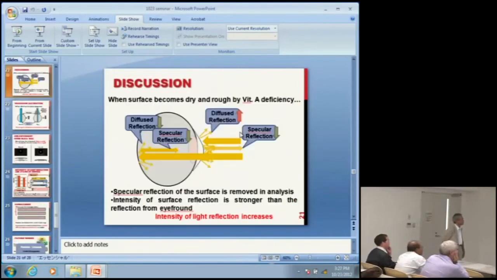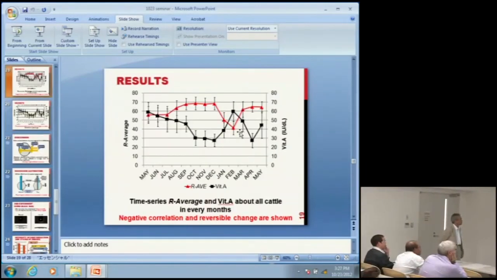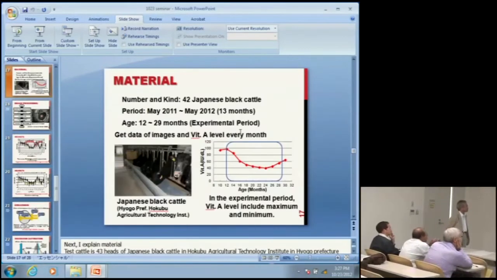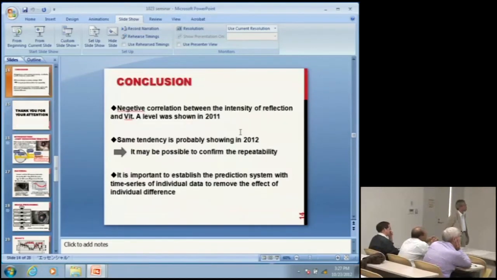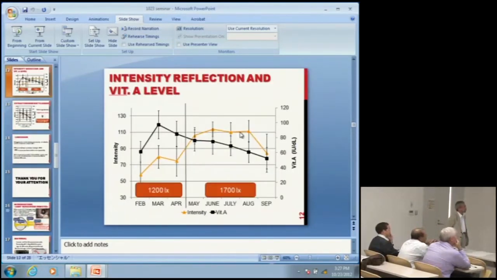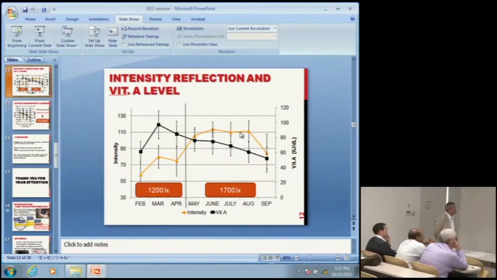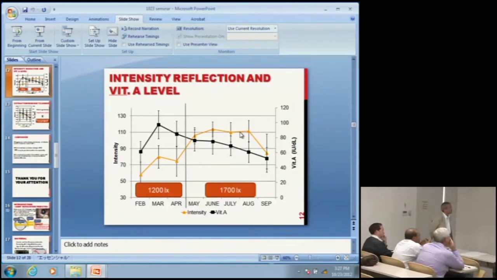Sorry, what kind of formula? You want to know the vitamin A level in cattle, to guess the vitamin A level from the image.